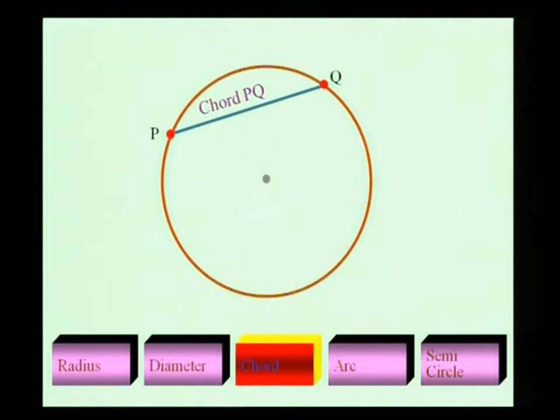This is the chord of the circle, PQ, which joins two different points. P and Q are two different points on the circle, so PQ is a chord of the circle. So now we can say that the longest chord of the circle is the diameter of the circle.